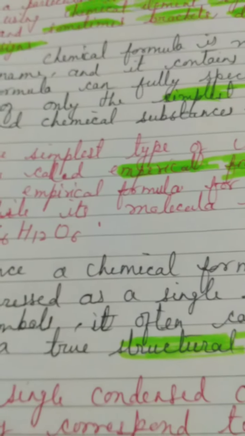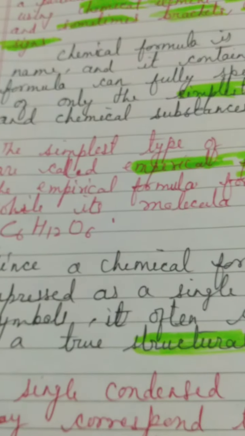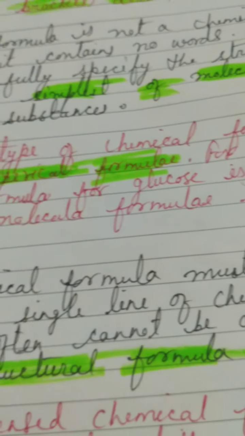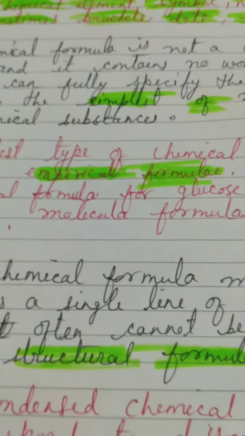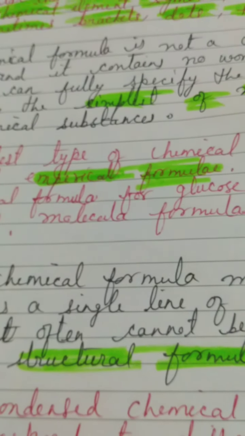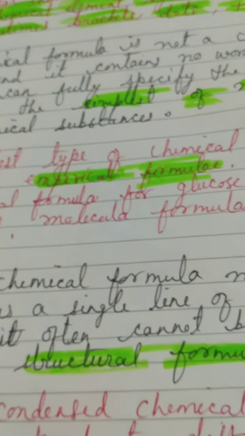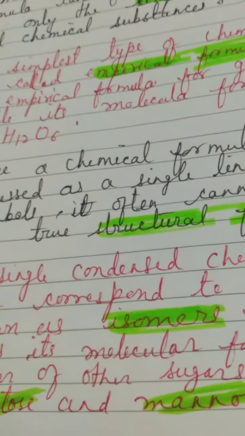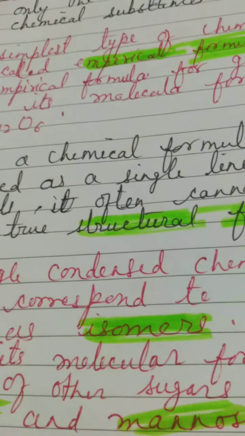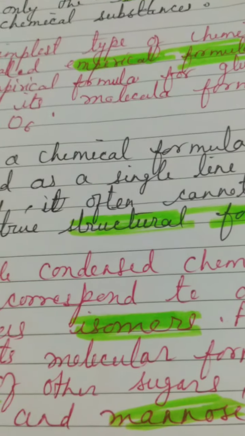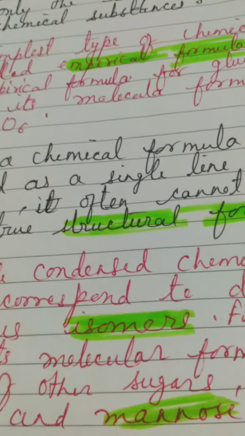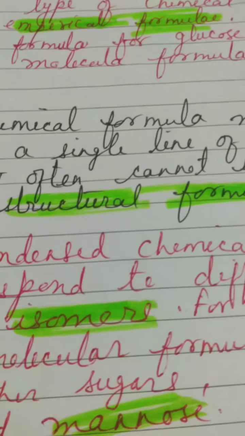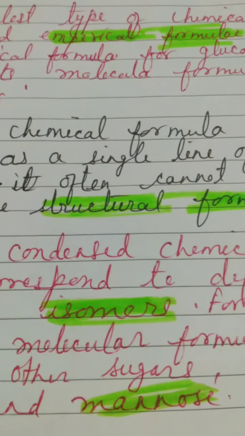Bonds are either covalent bond, dative bond or coordinate bond, etc. So the empirical formula is the simplest way, in the smallest ratio form. So what can a chemical formula tell us about the chemical compound? It can tell us many things, but there are things it can't tell, like it cannot tell us exactly about it.